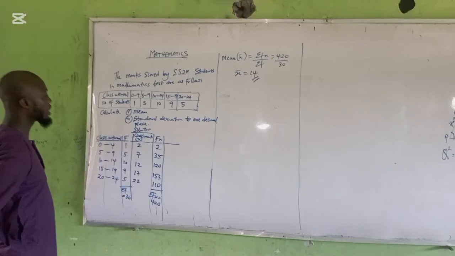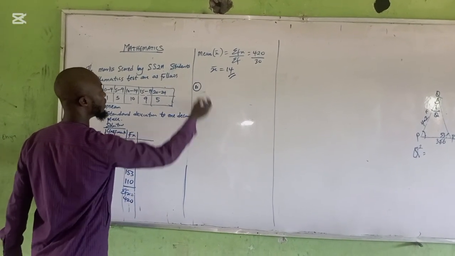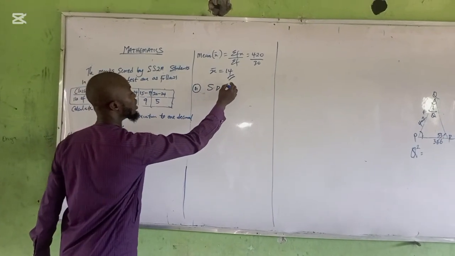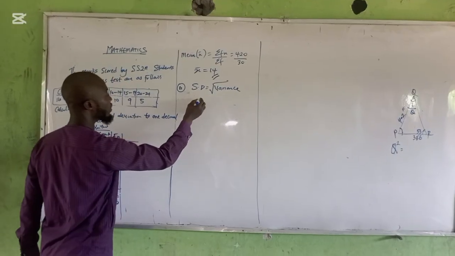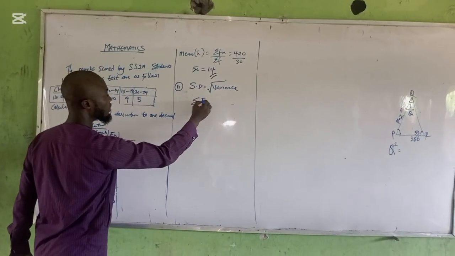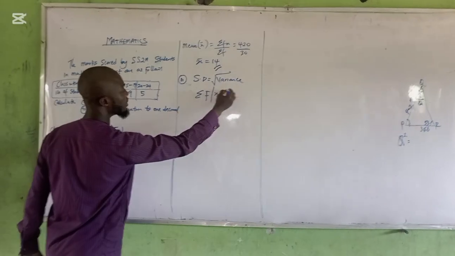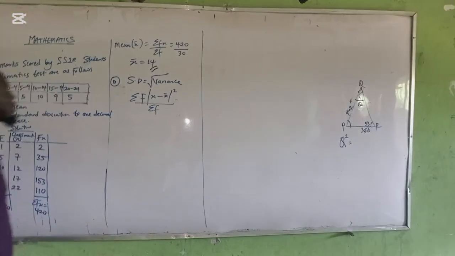Now, the next question is to calculate the standard deviation. The standard deviation is the square root of the variance. In our variance, we have summation f times x minus x bar squared, over summation f.